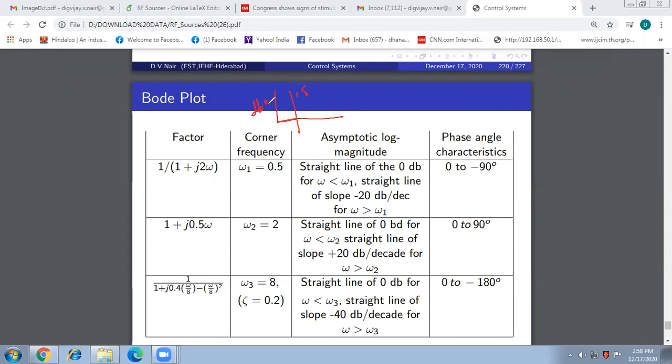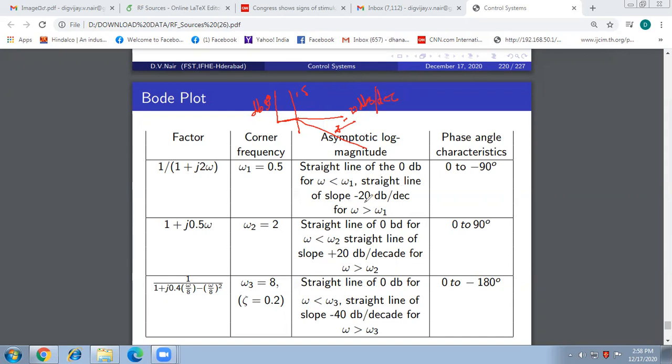Remember, the y-axis is in dBs and the x-axis is logarithmic. So it will be 0 dB, and above the corner frequency it will be a straight line of slope minus 20 dB per decade, a pole. So this is how the plot will be for the factor 1 upon 1 plus j2 omega.